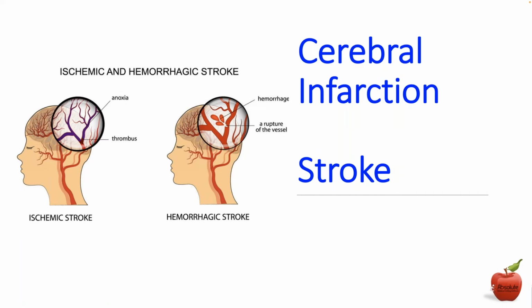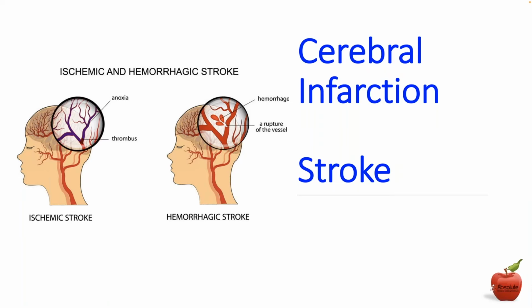Now, these are strokes. It's another word for stroke. And there are two types of stroke. You have an ischemic stroke and a hemorrhagic stroke. Now, the ischemic infarction occurs when the blood supply to a part of the body is blocked and it prevents oxygen and nutrients from reaching the tissue.